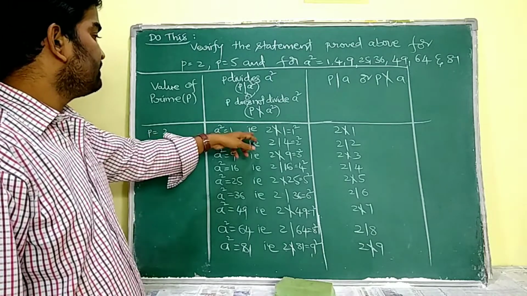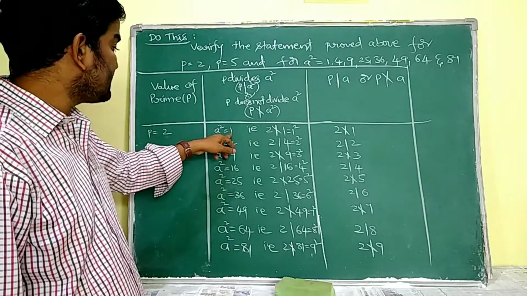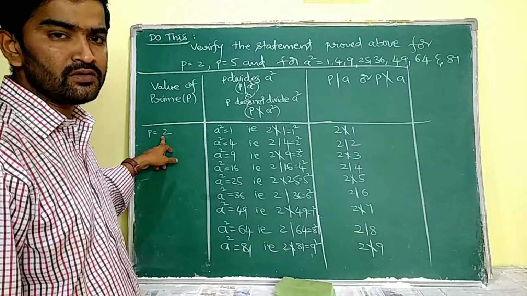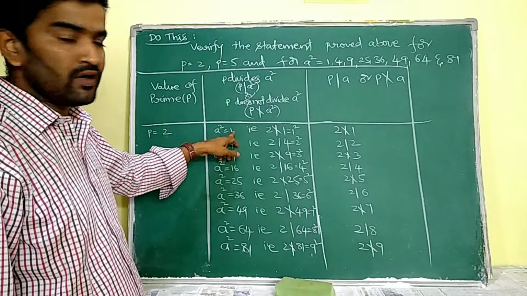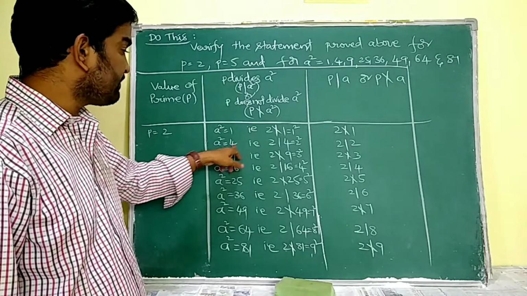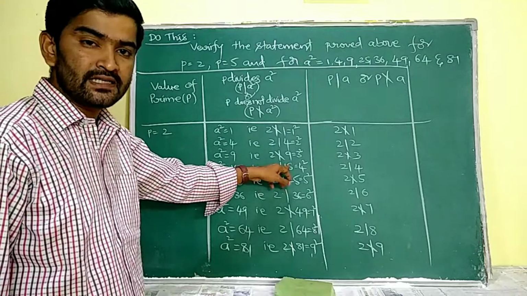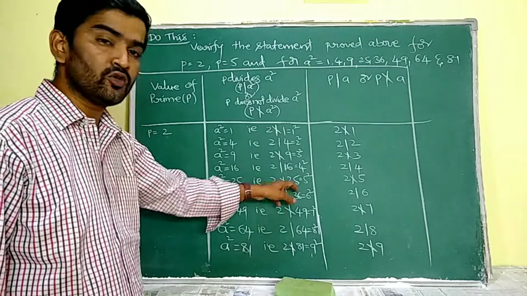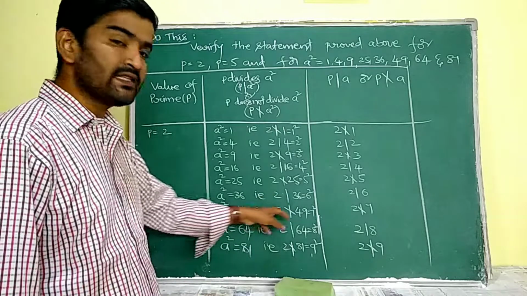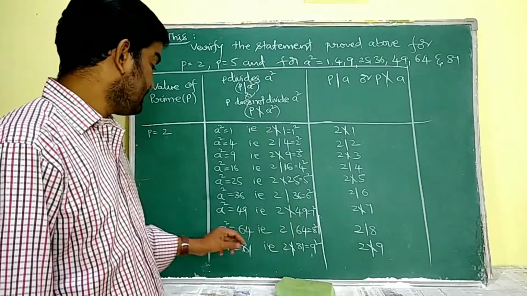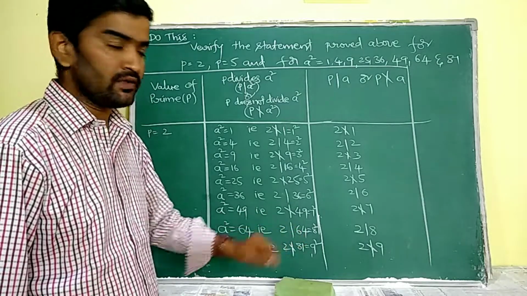So see, a square is equal to 1. Is this 1 divisible by 2 or not? We have to see. So 2 does not divide 1. 2 divides 4. 2 does not divide 9. 2 divides 16. 2 does not divide 25. 2 divides 36. 2 does not divide 49. 2 divides 64. 2 does not divide 81.